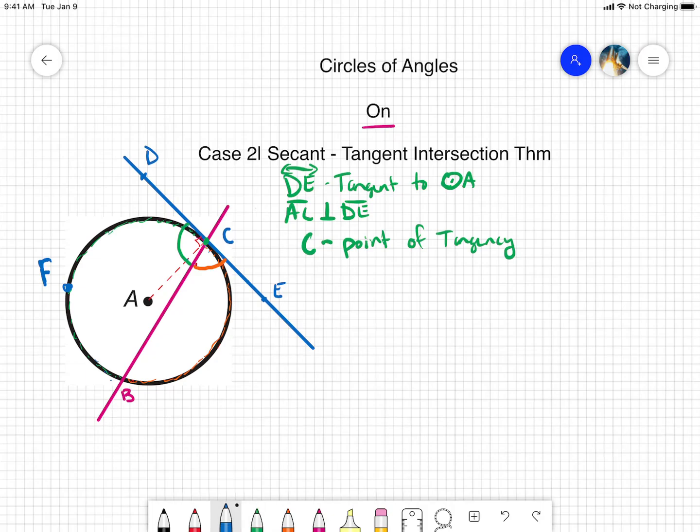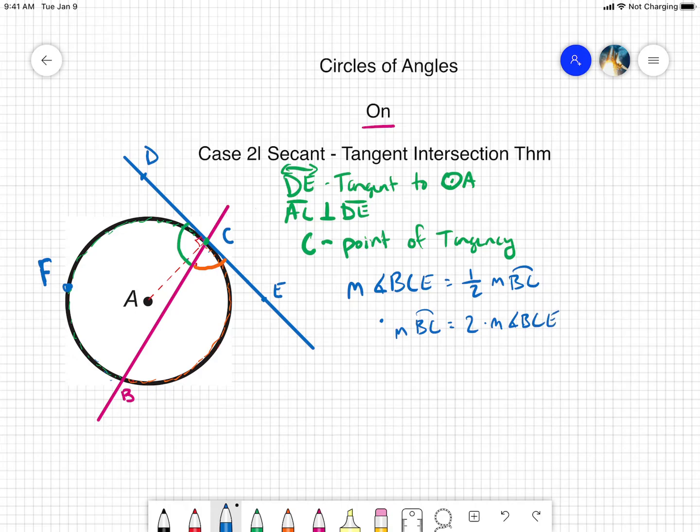So in this case, I know that the measure of angle BCE is going to equal 1/2 the measure of arc BC. Another way of saying that is that the measure of arc BC is twice the measure of angle BCE.